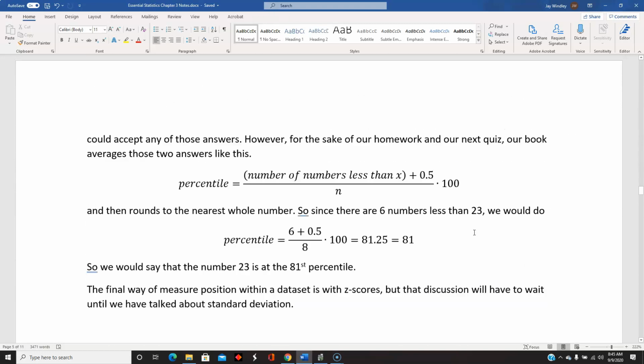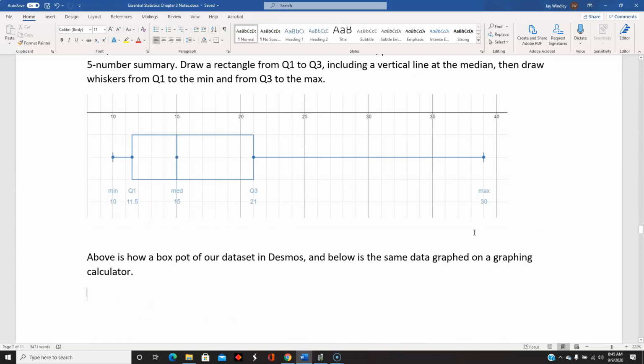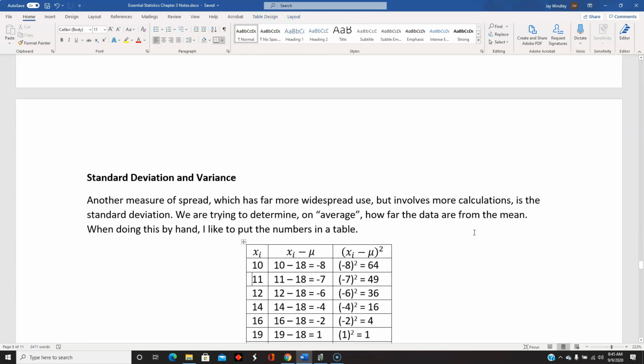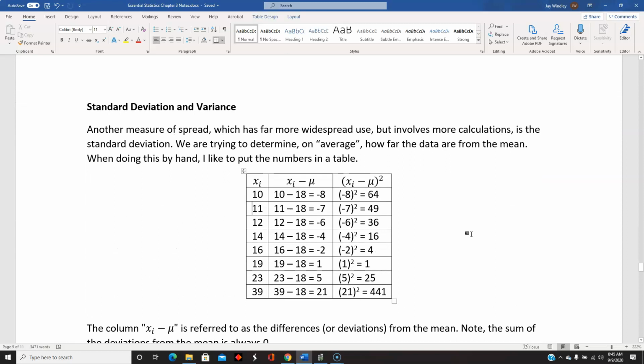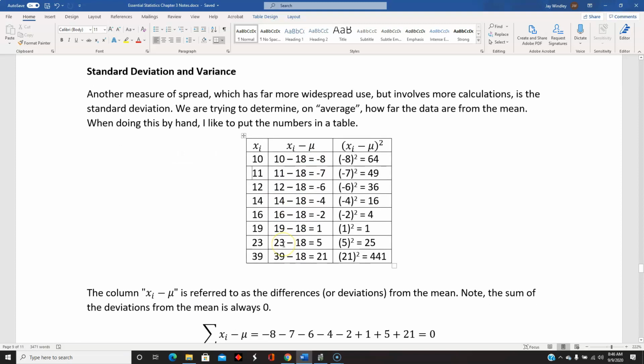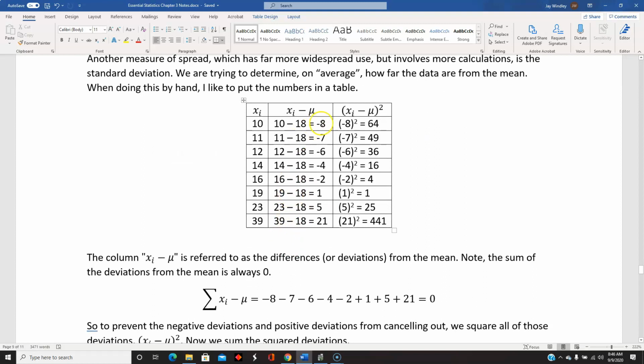So if the mean is 18 and I want to know how far the data is away from the mean, I'm going to take every number in the data set and subtract the mean. So when I do 10 minus the mean, I get -8, which is indicating that 10 is 8 below the mean. And so I do that with every number and I find out how far it is away from the mean.